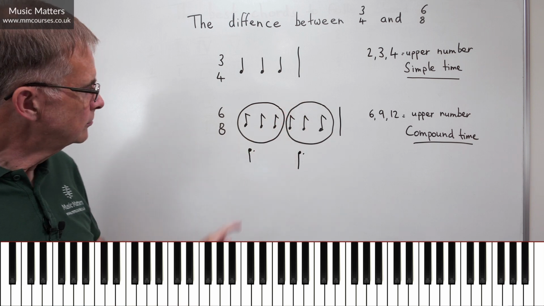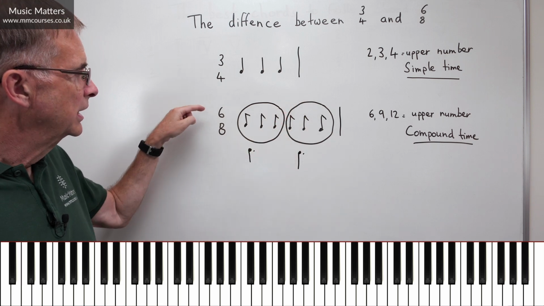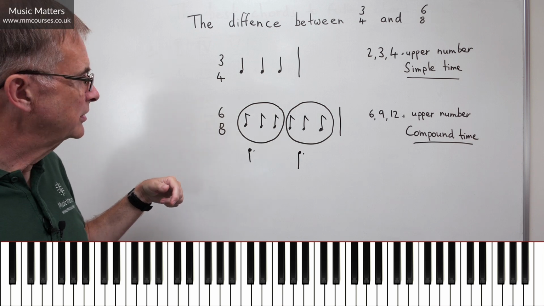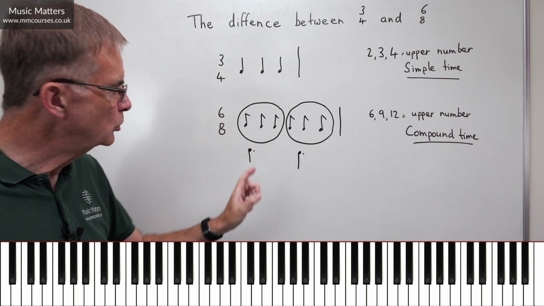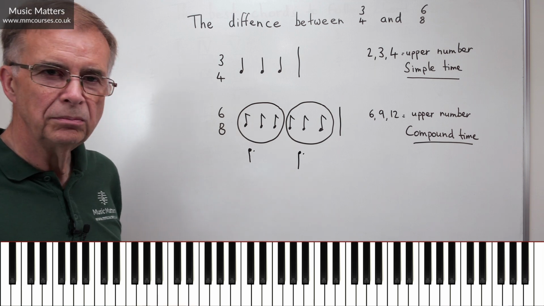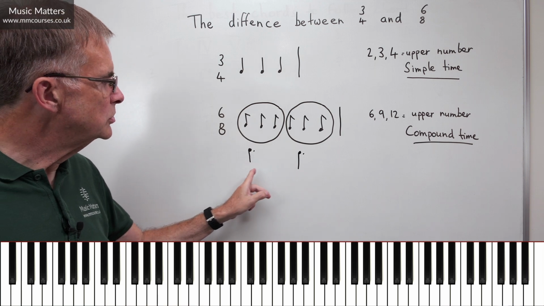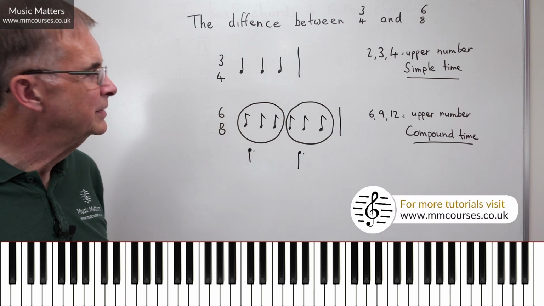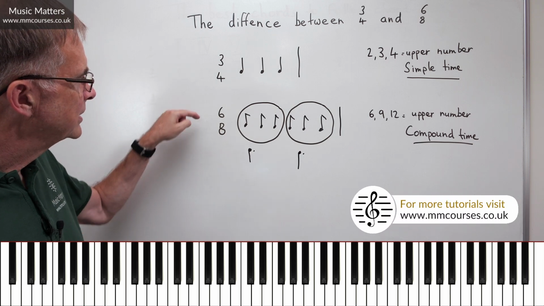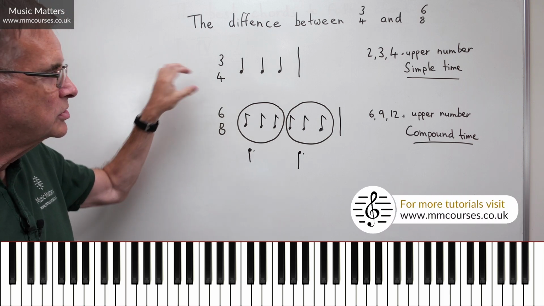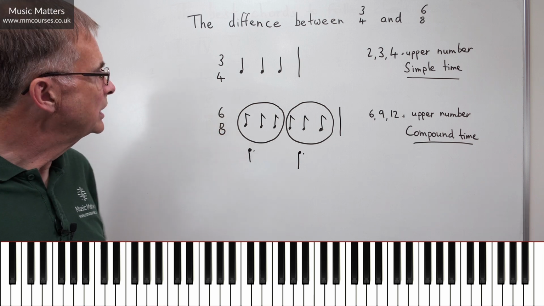Bang, bang. So in 6/8, I've got 6 quavers or eighth notes in a bar, but I've got 2 dotted crotchet beats, or 2 dotted quarter note beats. And this is why 6/8 starts to feel different from 3/4.